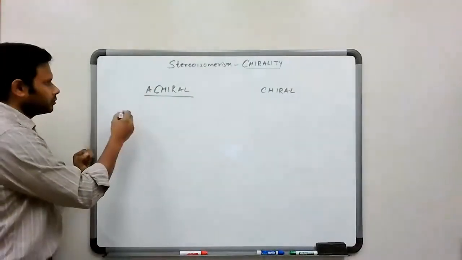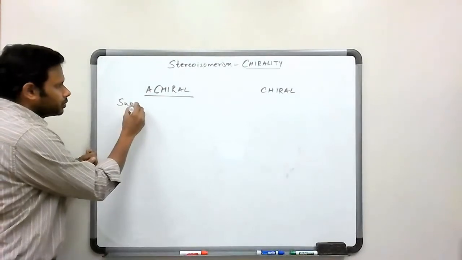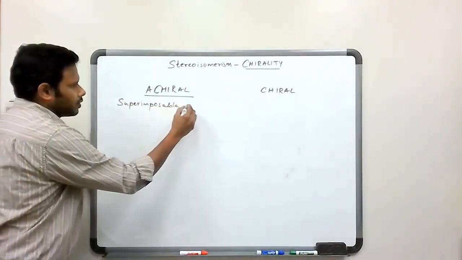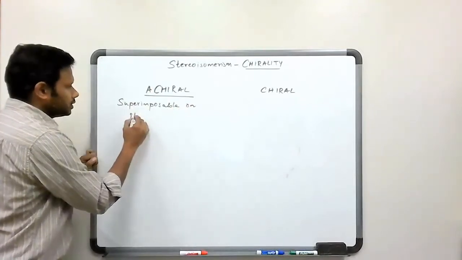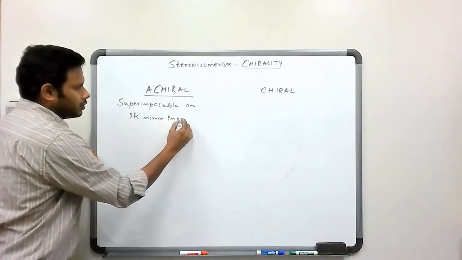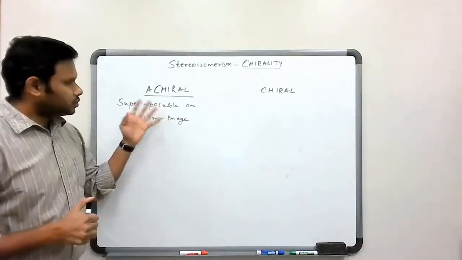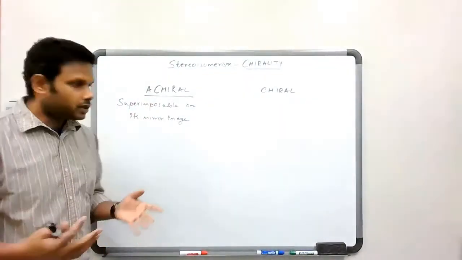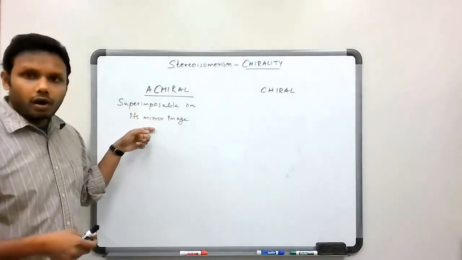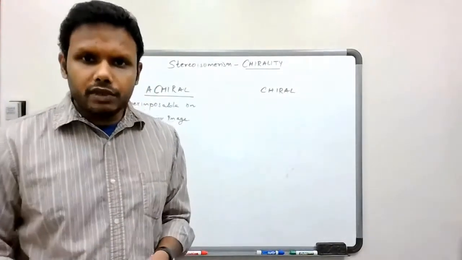An achiral object is something that is superimposable on its mirror image. The same applies to a molecule when we go to molecules. The key here is superimposable on its mirror image. Let's see what that means.